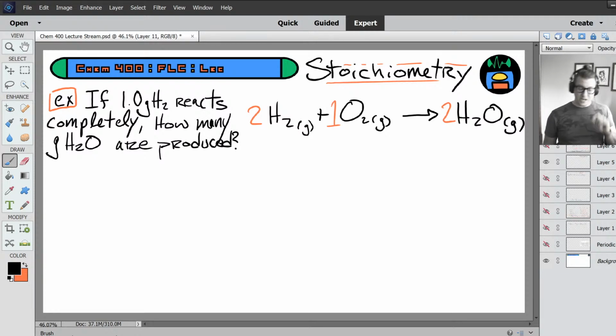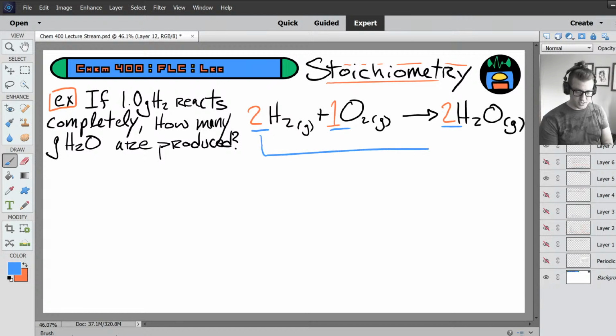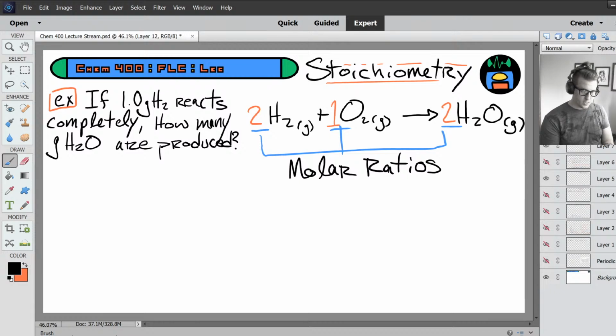All right, now here is the critical thing to remember whenever you're doing a stoichiometry problem. These stoichiometric coefficients are molar ratios. It's super tempting to want to say, oh, we got 1 gram of hydrogen, and I can see from my reaction that it's a 1-to-1 ratio between hydrogen and water.